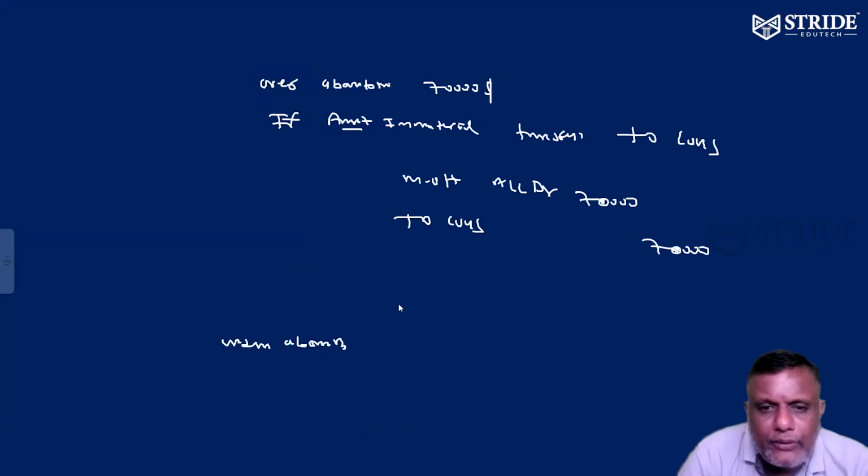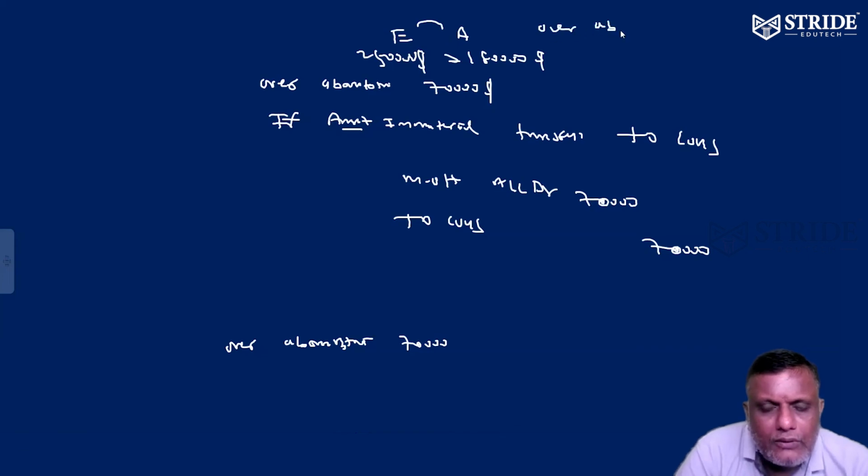Suppose in our example the over absorption is $70,000, because the estimation was $250,000 and the actual was $180,000. The difference is called over absorption of overhead. It is going to be $70,000. 250 minus 180 is $70,000.